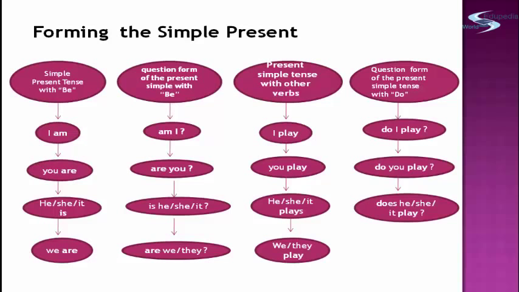The verb play does not have an S because it is with the verb to do. Third person plural, do we, they, play? Remember, it is only in the third person singular that the verb has S on it in the simple present tense.